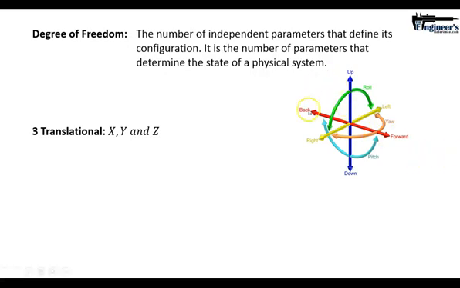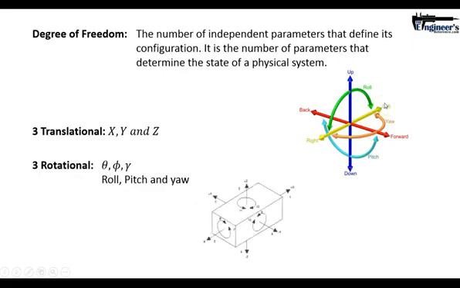So 3, and then 3 more, so 6 degrees of freedom in total, which are rotational. These rotations are the yaw, rotating in one direction around one axis, the roll, rotating about another axis, and the pitch, rotating about yet another axis. So 6 degrees of freedom for a rigid body.